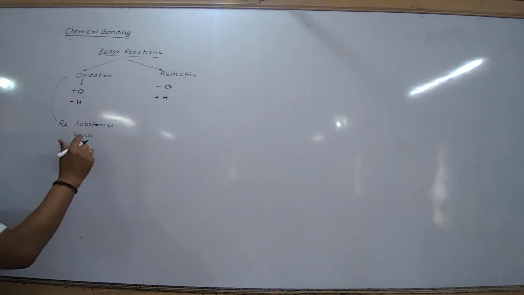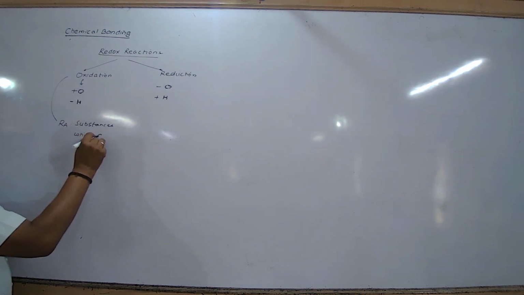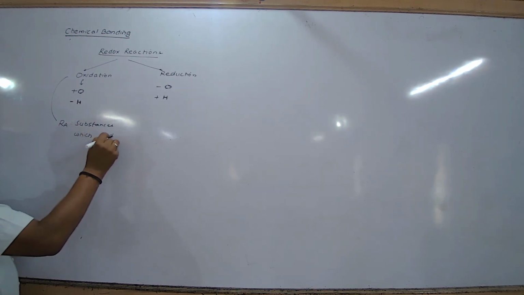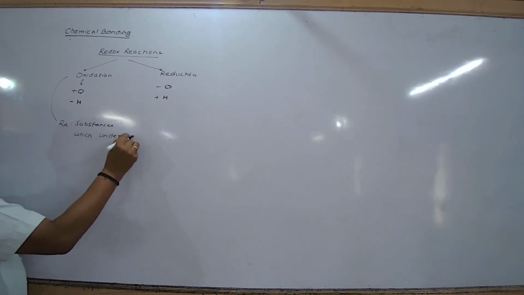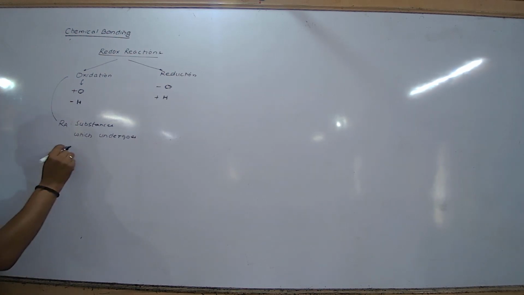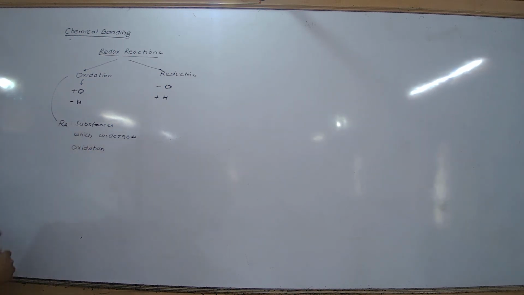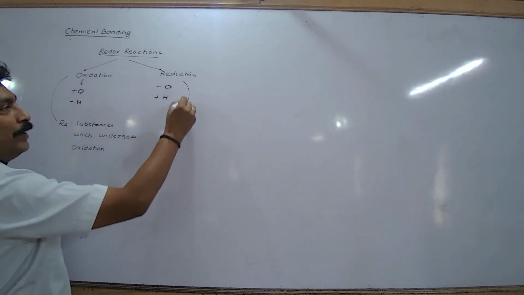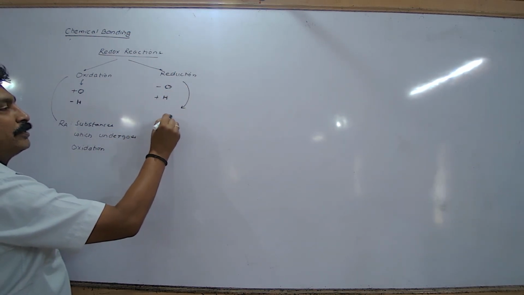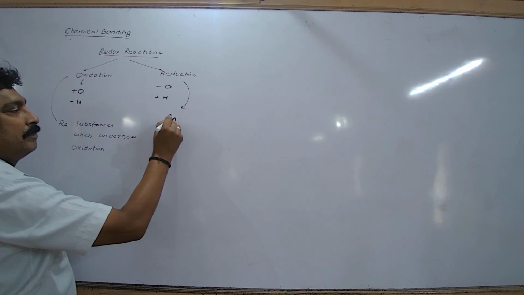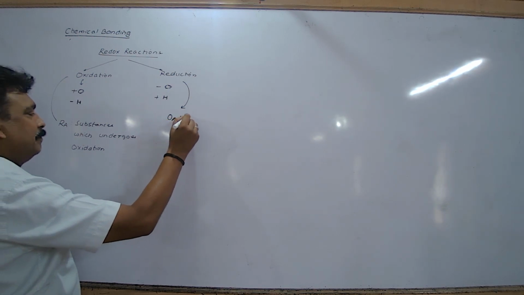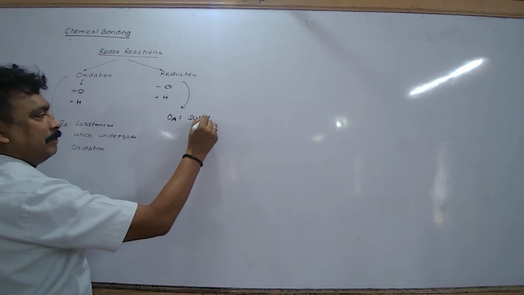Let us see, substances which undergo what? Only oxidation, right? Okay. And substances which undergo gain of electrons, that is an oxidizing agent.